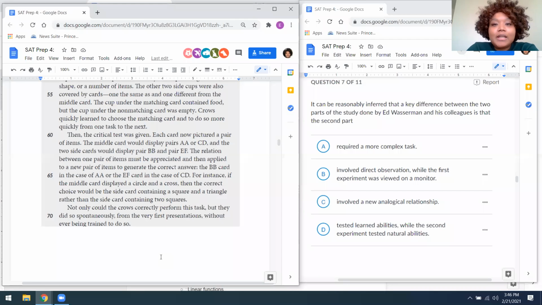Well, what is it? Let's say you don't know much about the experiment, but you just read that sentence: then the critical test was given. That's kind of telling you some backstory, and it's also telling you what's going to happen next. So let's say you don't really know the details of the experiment, but you read that sentence.